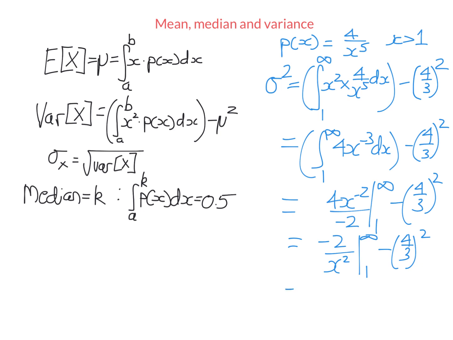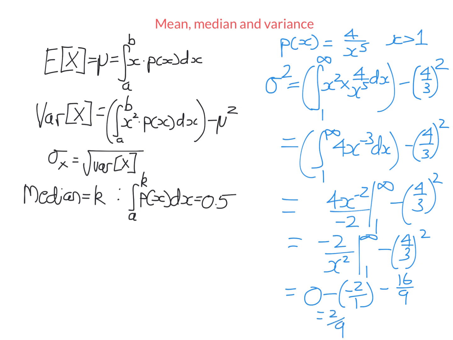So once again, if I substitute in infinity, I get 0. Negative 2 divided by a really large number squared will give me something close to 0. Now when I substitute in x equals 1, I'm going to get minus 2 over 1. And then minus 4 over 3 squared is actually 16 over 9. This is just 2 minus 16 over 9, which gives us 2 over 9. The variance here is 2 over 9.